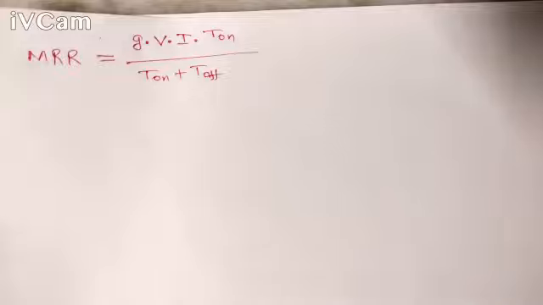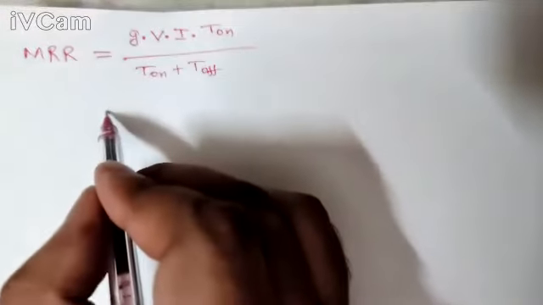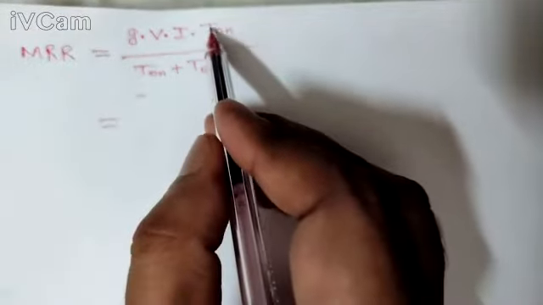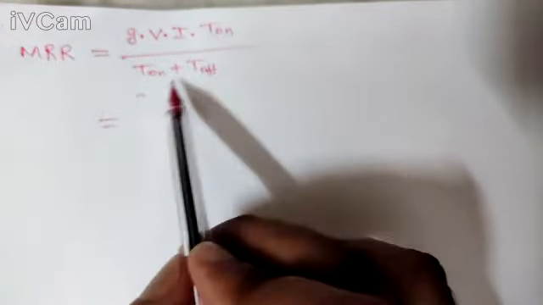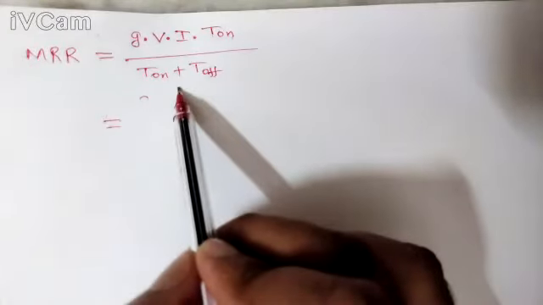So further, if we make some changes, like the numerator we divide by T on, the denominator also we divide by T on, then T on will be cancelled.